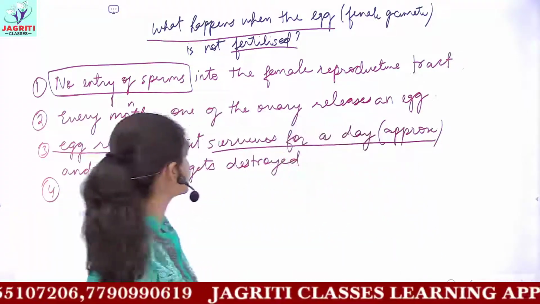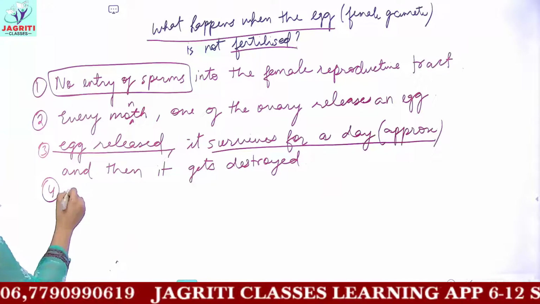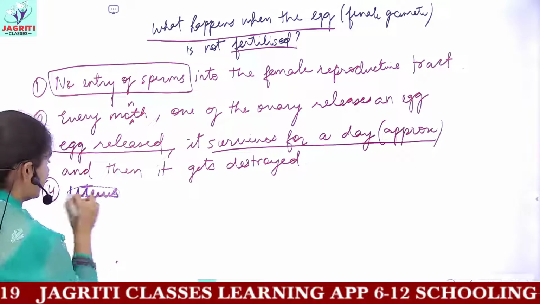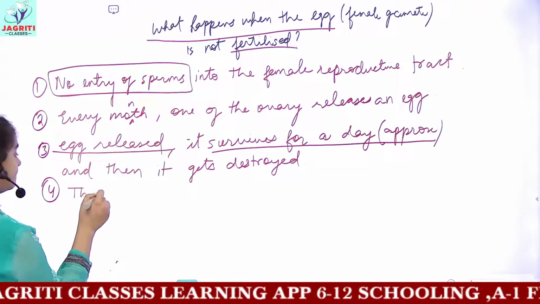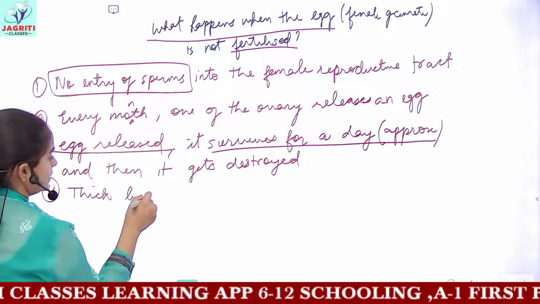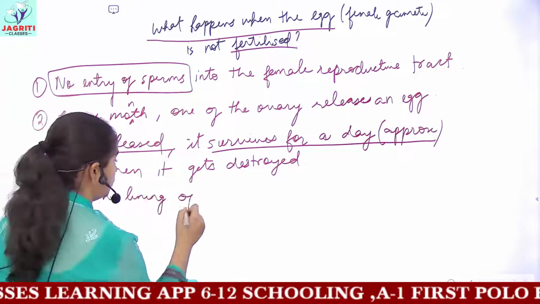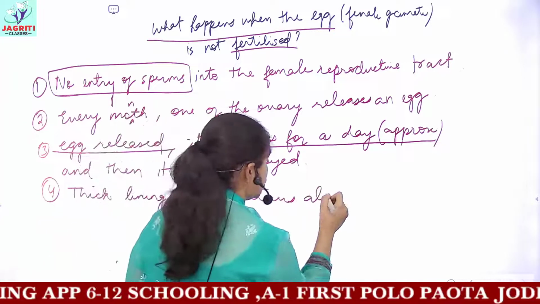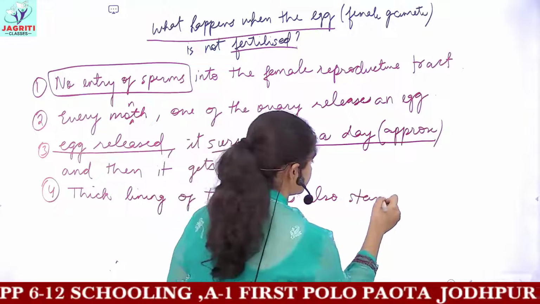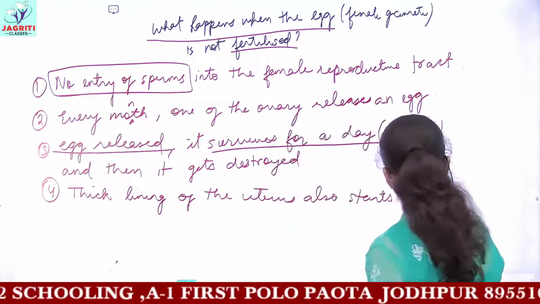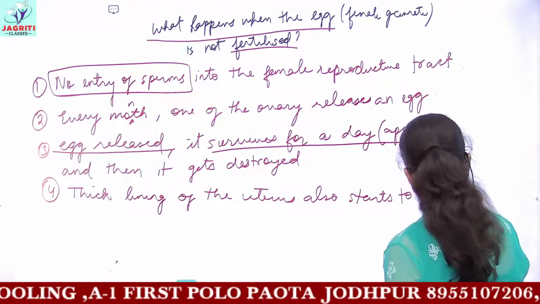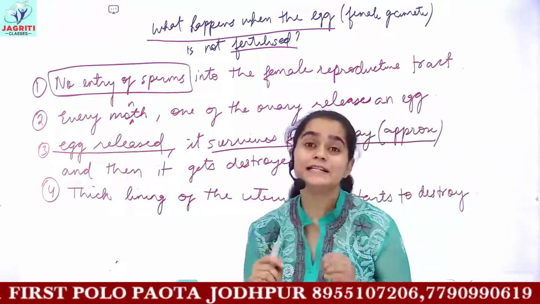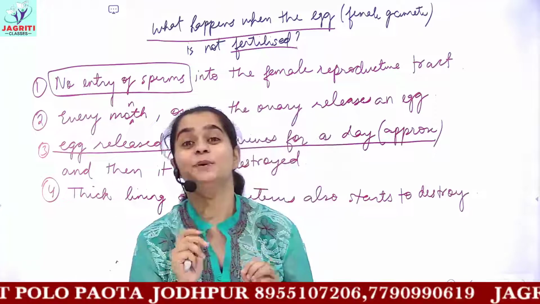of uterus. So the thick lining of the uterus also starts to destroy, and this thick lining, as I discussed earlier, has many kinds of blood vessels.